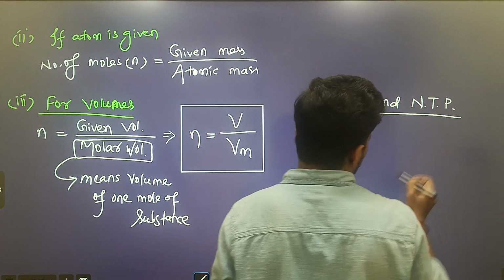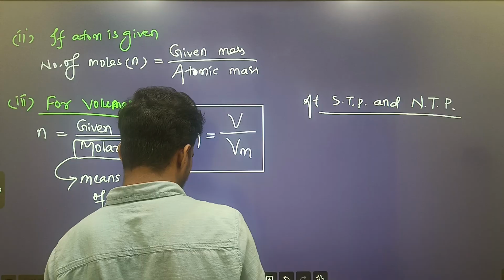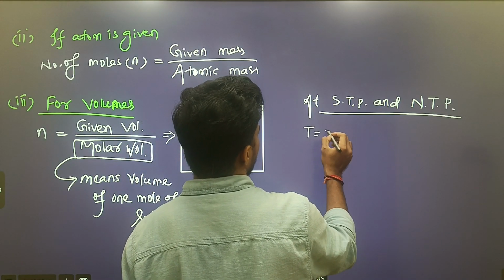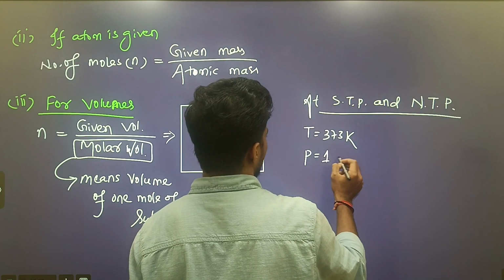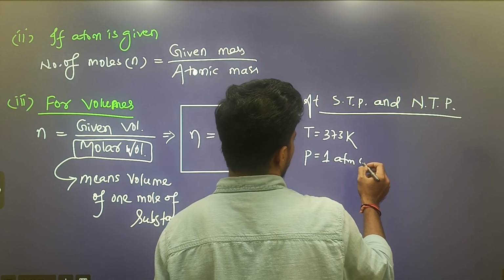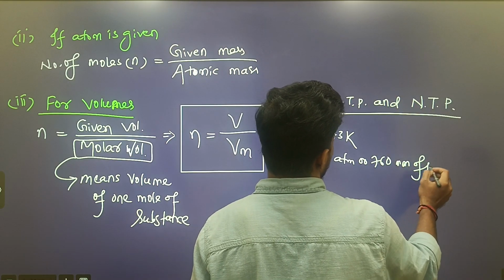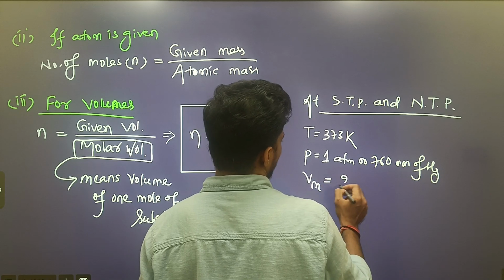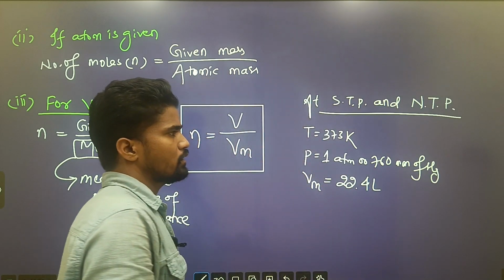So in these two conditions, the temperature will be 273 Kelvin, pressure will be 1 atmospheric pressure, or 760 mm of Hg. So then molar volume will be 22.4 liter.